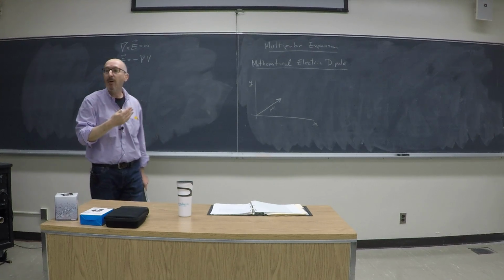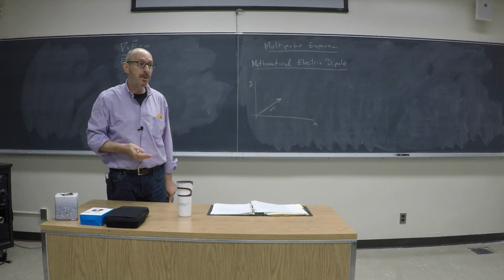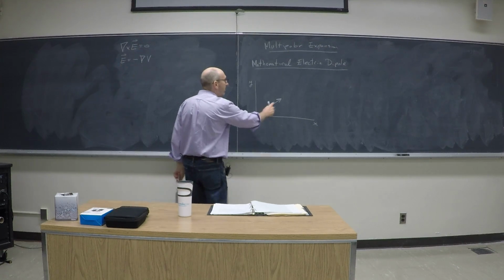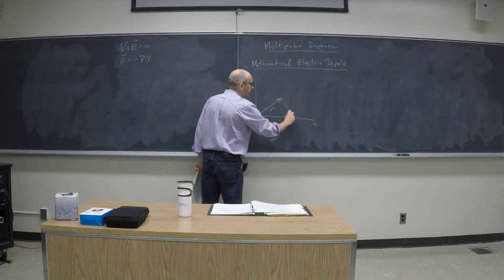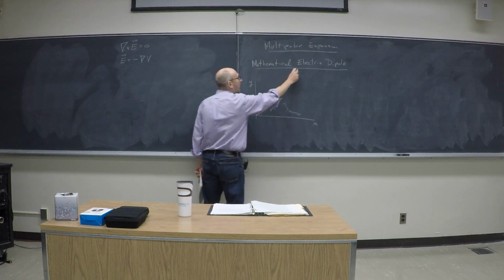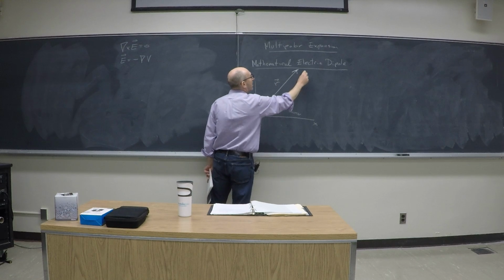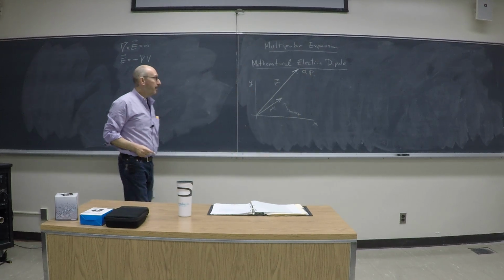And so remember that our sources are always located at r primes. That's the notation we are using. And I'm going to make the observation point at position r, as usual. Okay? So this is going to be my sources. And I'm going to observe from here. Okay, that's the observation point.